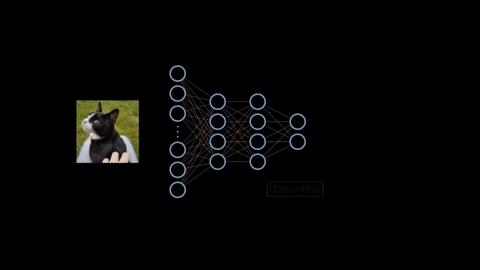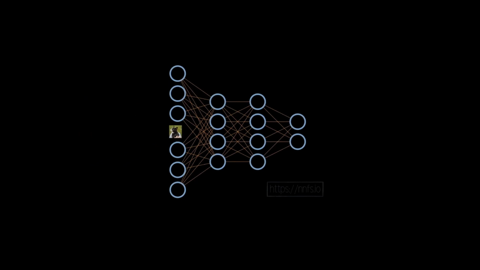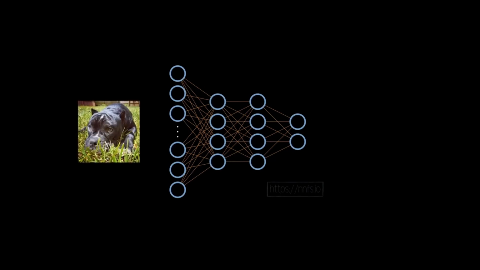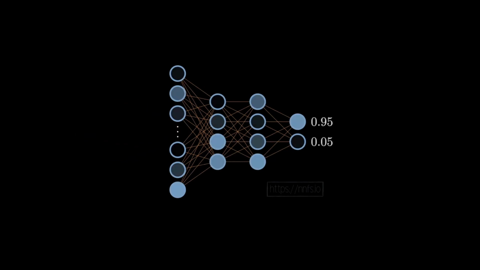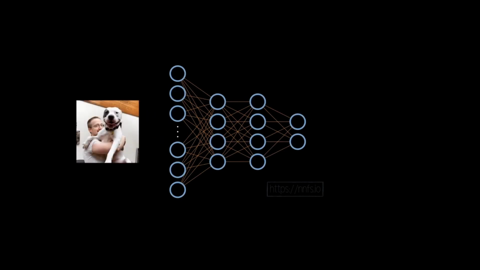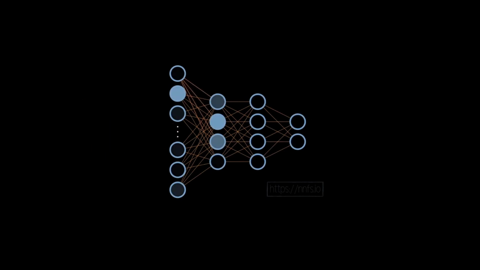So let's look at a neural network again. What are we trying to do here? We're feeding an input into this neural network, and you can see we have outputs here, but ultimately our goal right now is to create a probability distribution.